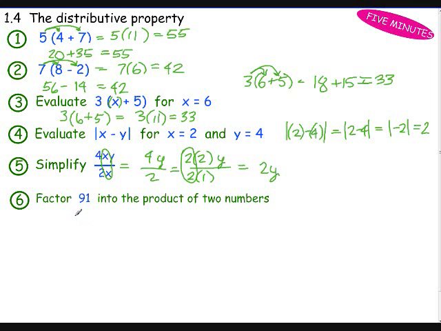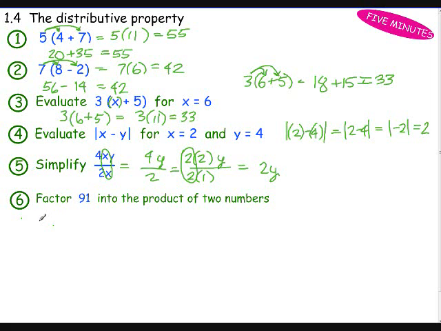Factor 91 into the product of two numbers. Okay, so here we want to see what will divide evenly into this. Could I divide this by 2? No. We're looking for prime numbers. Could I divide this by 3? No. None of the even numbers are going to work. Could I divide it by 5? No. Could I divide it evenly by 7?